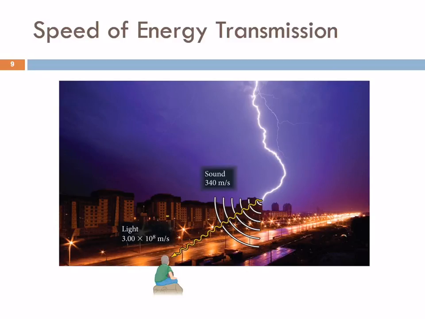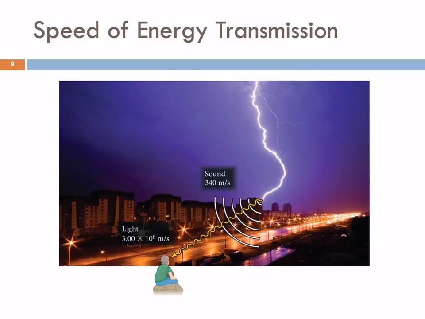So here's a picture of some lightning. And I think you've probably all observed that you see the lightning, and then later you hear it, right? And you probably learned as a kid that you can estimate how far away it is from you by counting the number of seconds between. That's because sound moves at a much slower speed than light does.